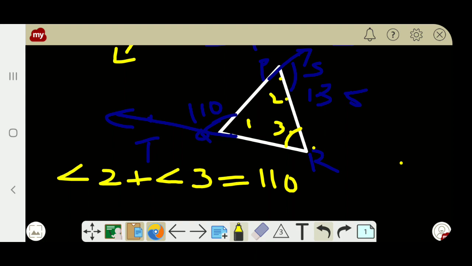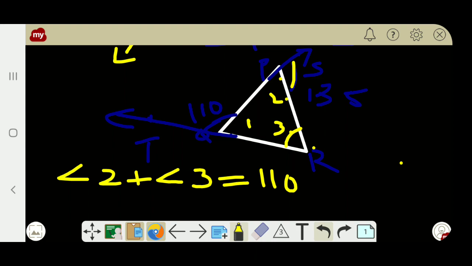Let it be there. Then it is given that angle SPR equals 135. Then what about SPR and angle 2? SPR and angle 2 are a linear pair. That also we can consider.